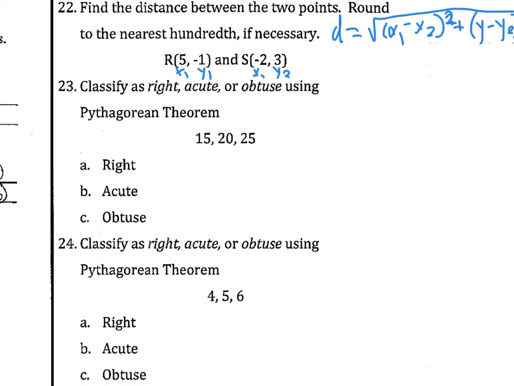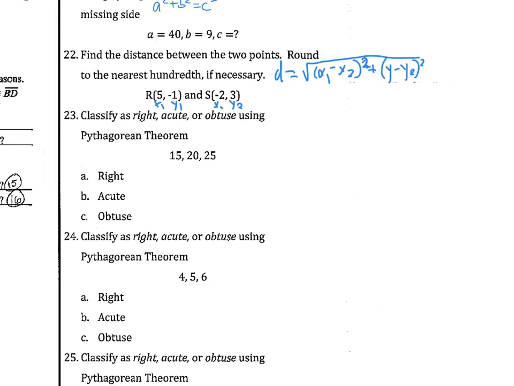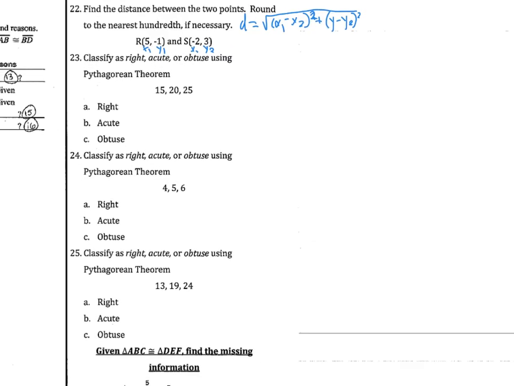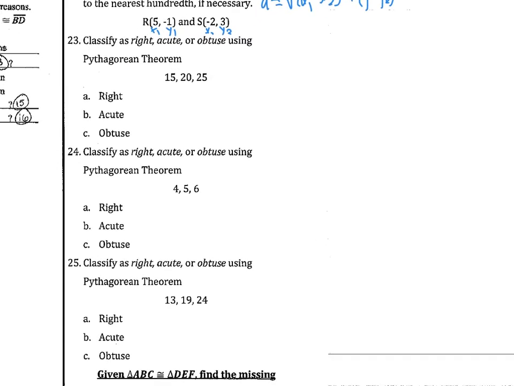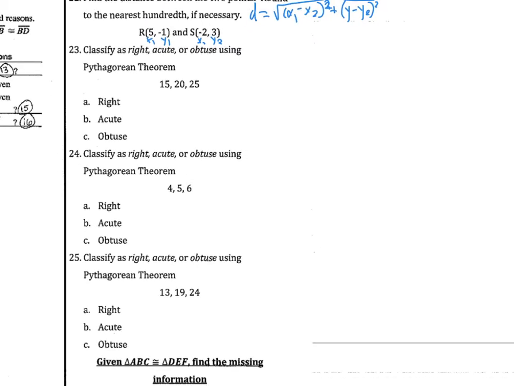Moving on to number 23 and 24, they appear in 25. They appear to all be the same, so I'm going to do these all together in one example. All you're going to do is plug them into the Pythagorean theorem, a squared plus b squared equals c squared. But now, make sure you always identify your c. c is always the longest side in your triangle.